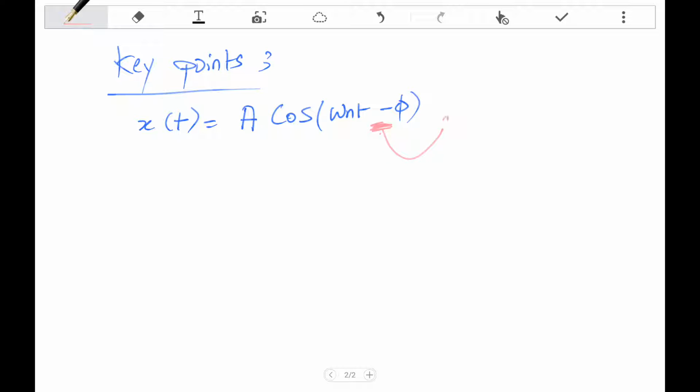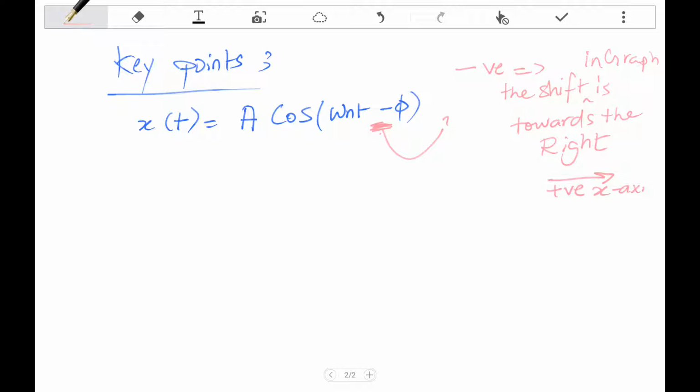Negative means that the shift in the graph is towards the right, in the direction of the positive x-axis.